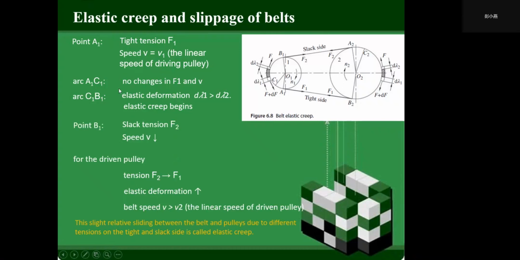So this is where the elastic grip or slippage occurs, and the relative slide between the belt and the pulleys due to different tension on the tight and slack sides is called elastic grip.